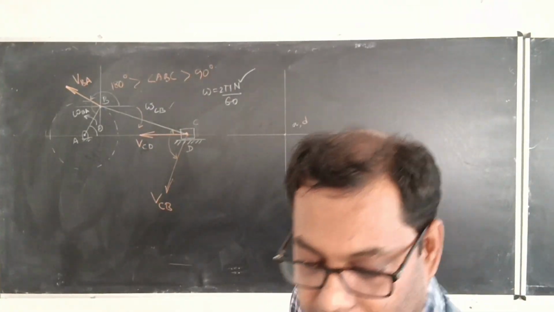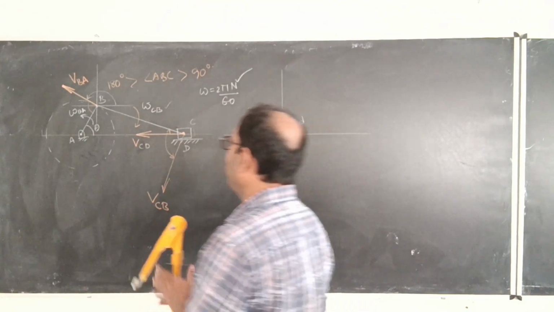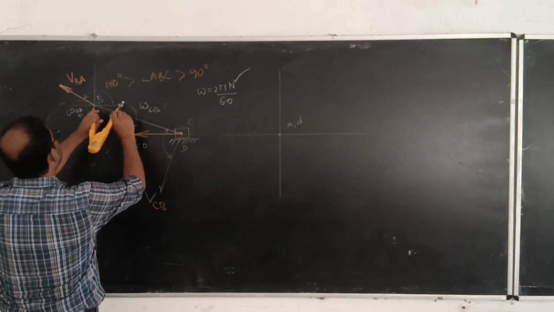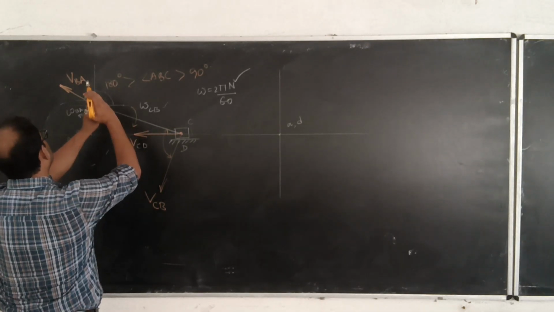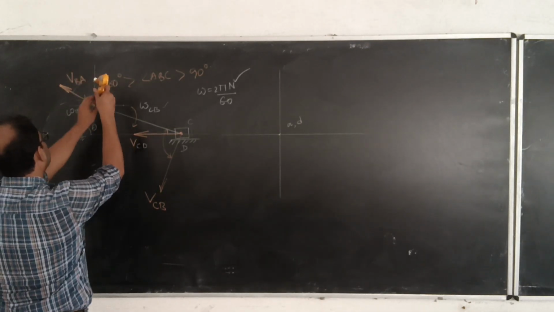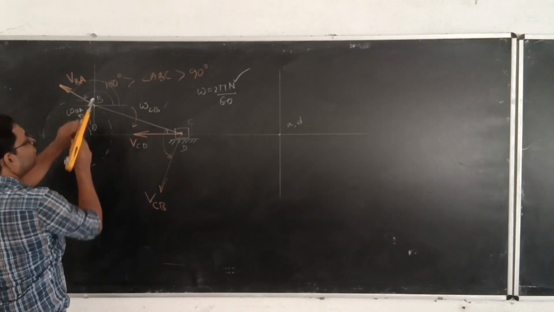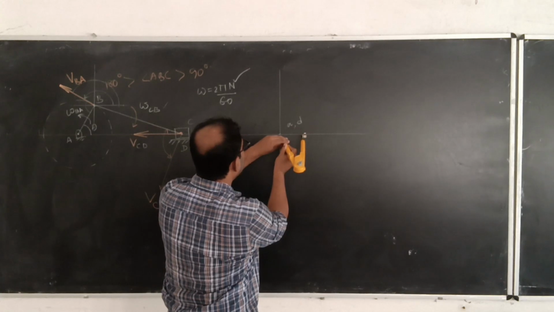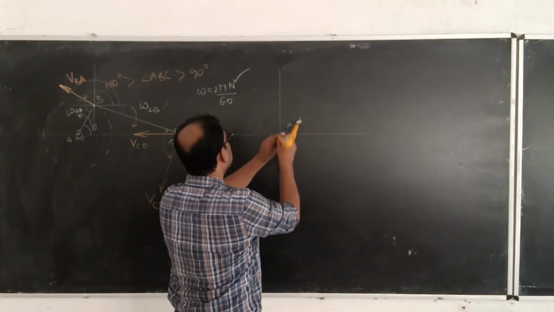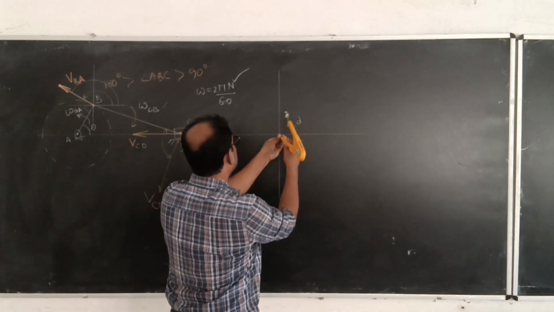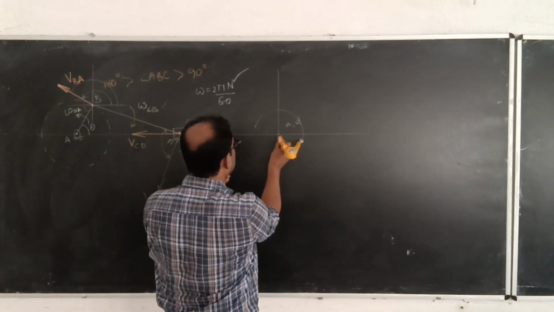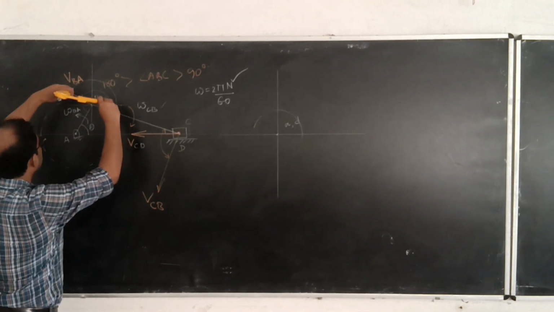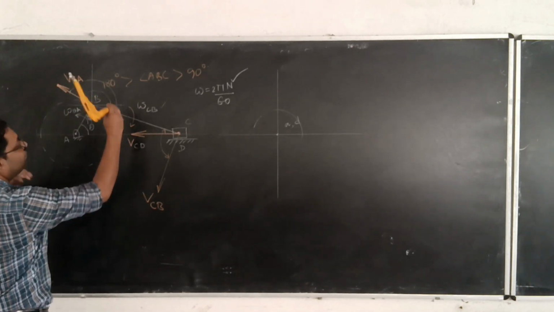So what is the method? The method is very simple. Using a compass, we are going to measure a line, something like that, and we have to find the distance from here to the intersection point.